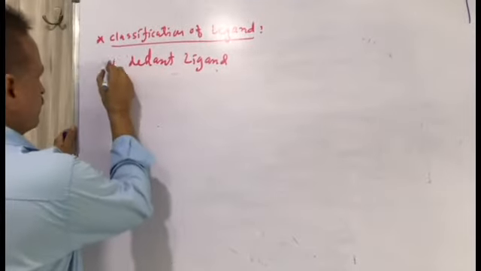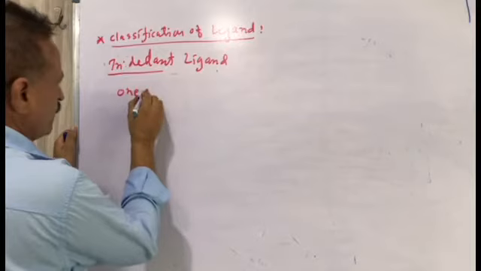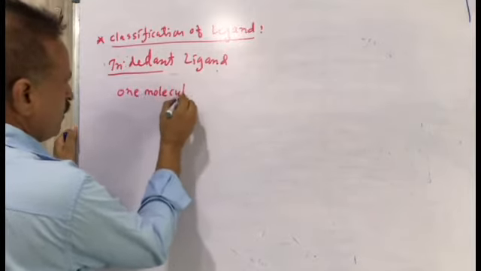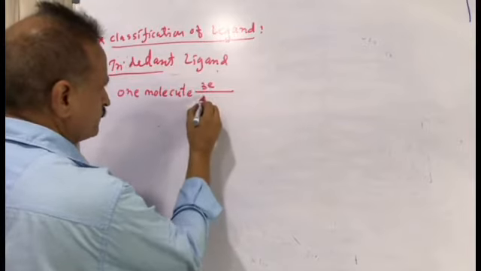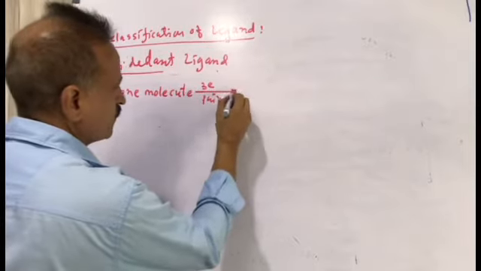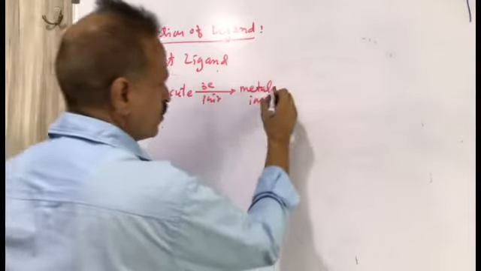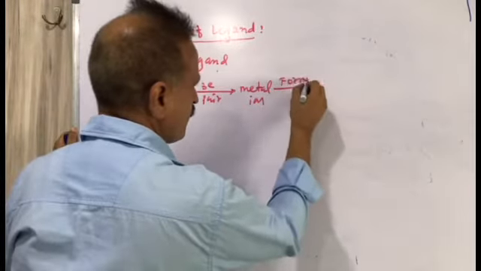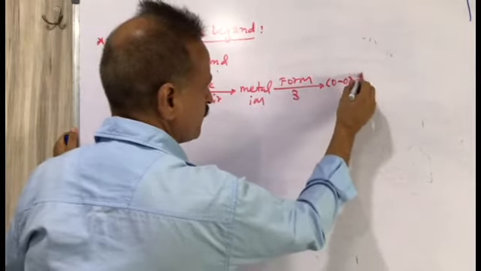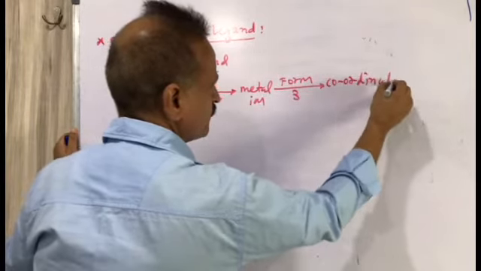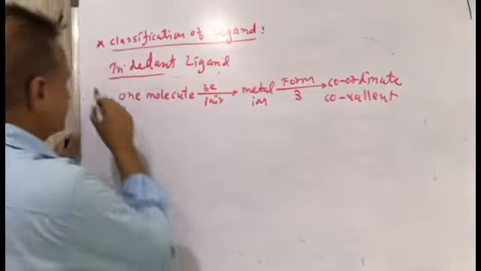Tridentate ligand: one molecule will donate 3 electron pairs to the metal ion to form 3 coordinate covalent bonds. Then it is a tridentate ligand.